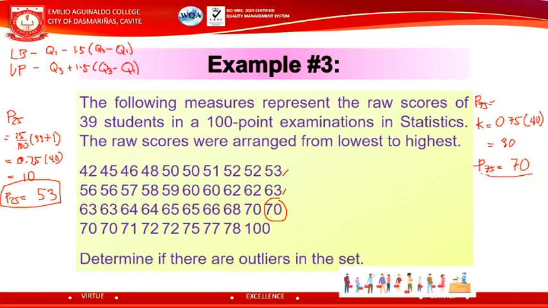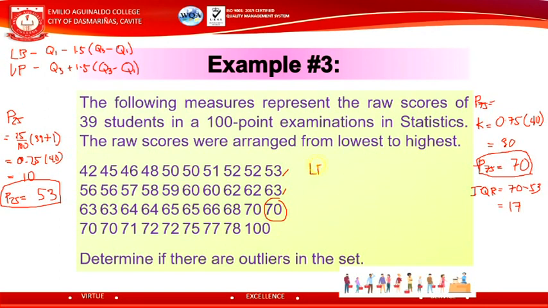Now, we can proceed to the determination of the IQR. The IQR is just the difference between the third quartile and the first quartile. So we have 70 minus 53, which will give us 17. Now, since we have the value of the IQR, we can determine the lower boundary and the upper boundary.